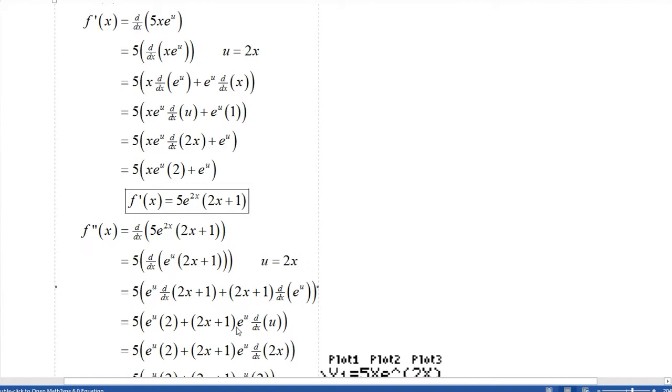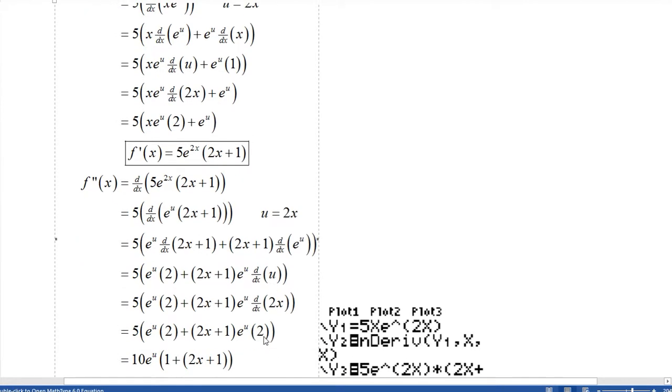Now, the derivative of e to the u is e to the u times the derivative of u. The derivative of 2x plus 1 is just 2. The rest of the stuff was just copied straight down. When I do this, I will copy these things down first and then make the changes to the parts that need to be changed. u is 2x, so that derivative is just 2. Now, if you look, these both have a 2 and they both have an e to the u. I'm going to factor that out. The 2 times the 5 is 10, and we have our e to the u.